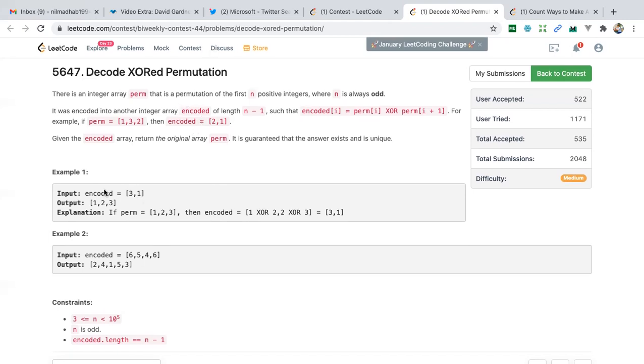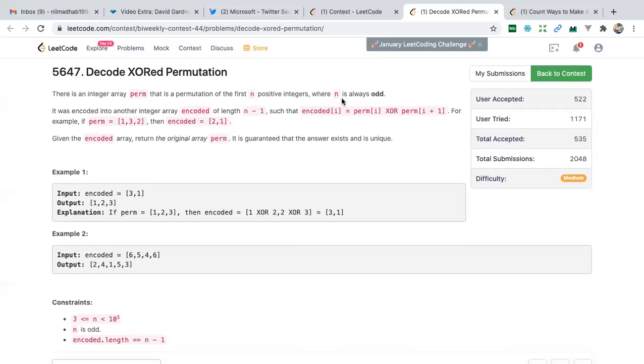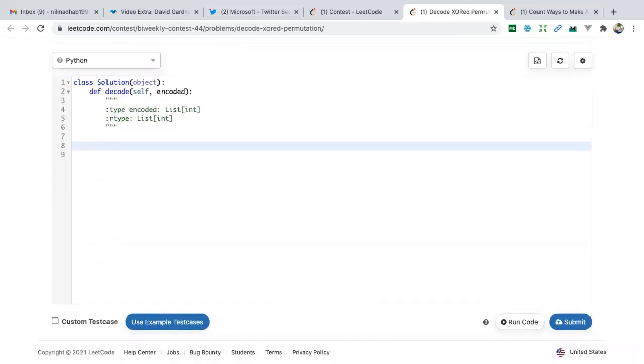So we have to get the original array from the encoded array. In the brute force, we can check all the permutations and see if it is equal to the encoded one, but that is not possible, I think. We have to change each and every element. So I'll just write the brute force. Oh, it is given the first n positive elements.